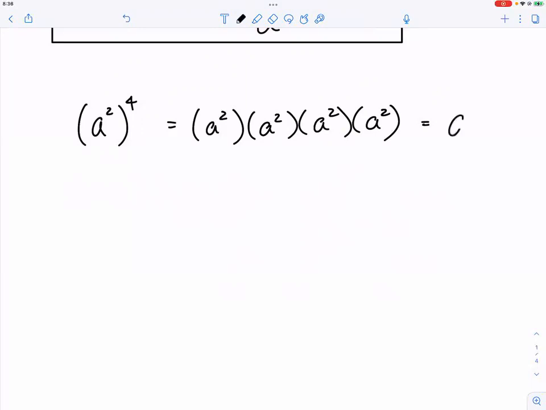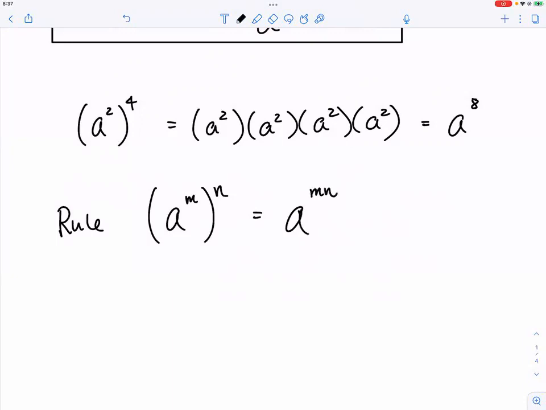So I want you to be able to see that, oh yeah, a squared is just a times a, and you have a times a, a times a, a times a, a times a. Well, then you have a multiplied by itself 8 times, and therefore, if you have to come up with one simple rule over the rule here, it's equal to a to the power of the product.